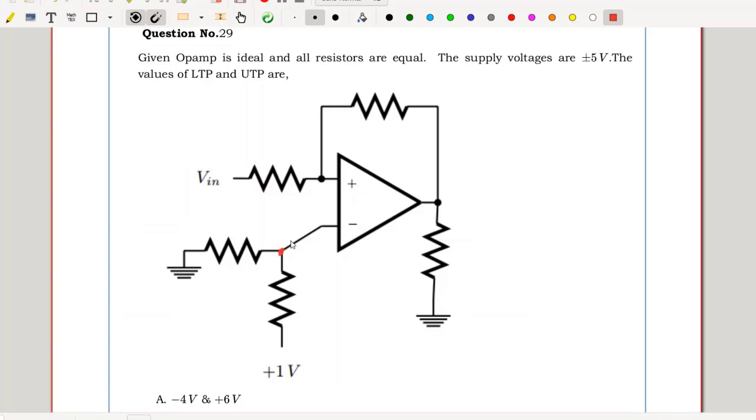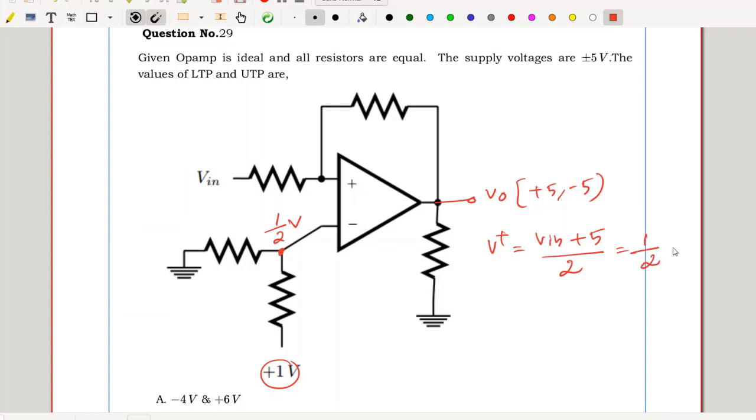So the value of V minus can be easily identified. Positive 1 divides equally, so this will be 1 by 2 volts. And this is my V out. That output can be either plus 5 or minus 5. If that is plus 5, I will have my V plus equal to V in plus 5 divided by 2. If you are equating that to 1 by 2, you will have one value of V in, which is minus 4.